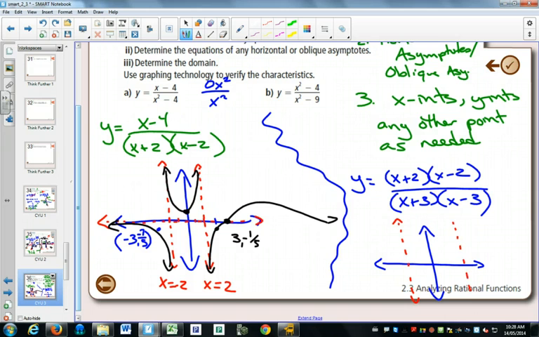And 1 at 3. Step 2. Let's look for other asymptotes. Highest power, x squared on the top. We have an x squared on the bottom. That simplifies to y equals 1.